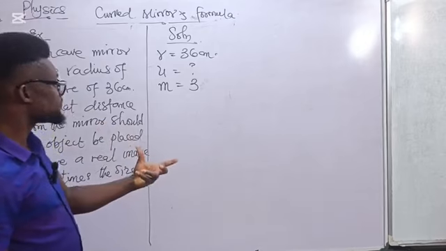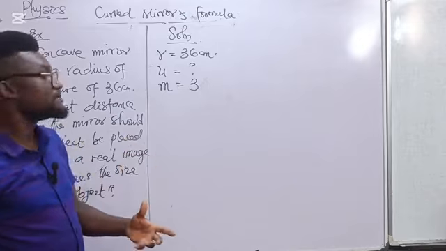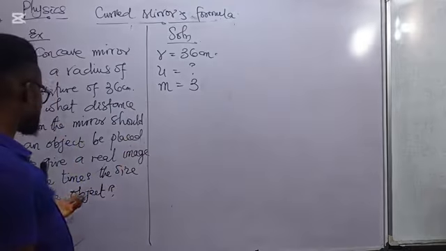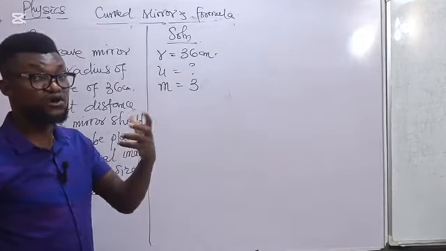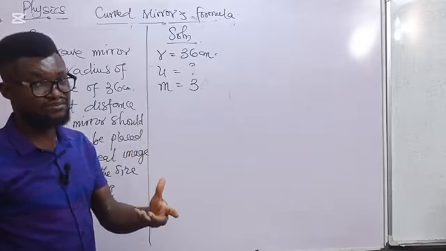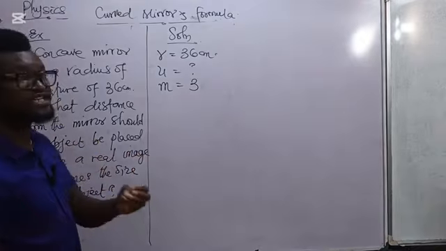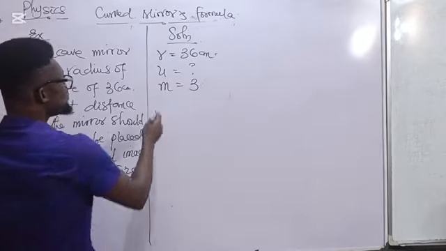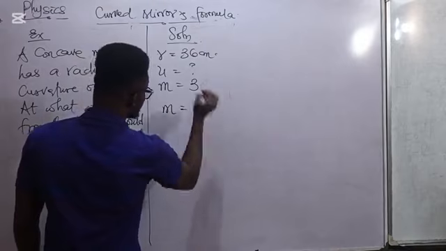And the focal length of a convex mirror is negative. But here we are told that the image will be real, and when you use a convex mirror, there is no way you can obtain a real image. Telling us that the mirror used here is a concave mirror.